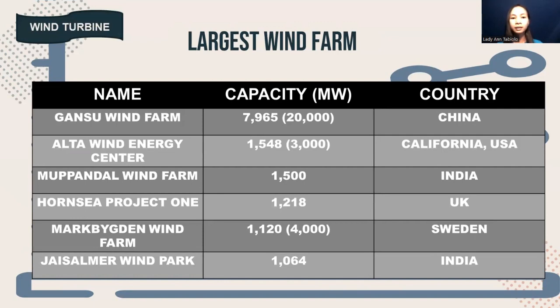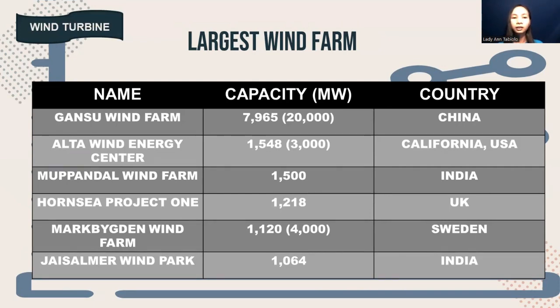Mark Biggen Wind Farm na mayroong 1,120 megawatt capacity and still continue to expand sa target goal nila na 4,000 megawatt capacity na matatagpuan sa Sweden. And then, Heiselmer Wind Park na mayroong 1,064 megawatt capacity na matatagpuan din sa India.